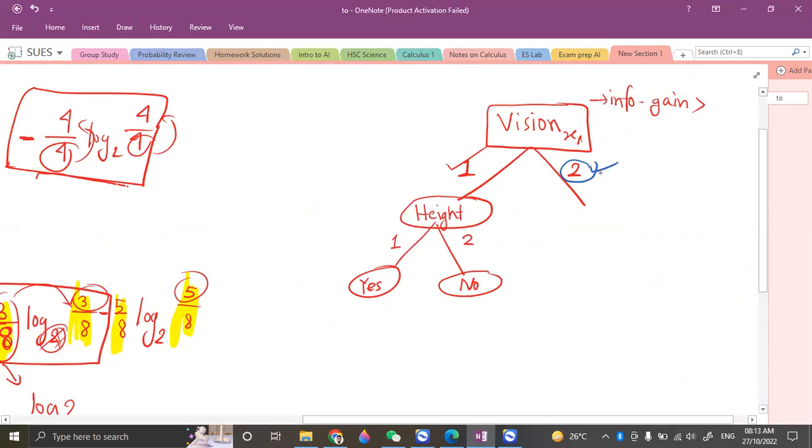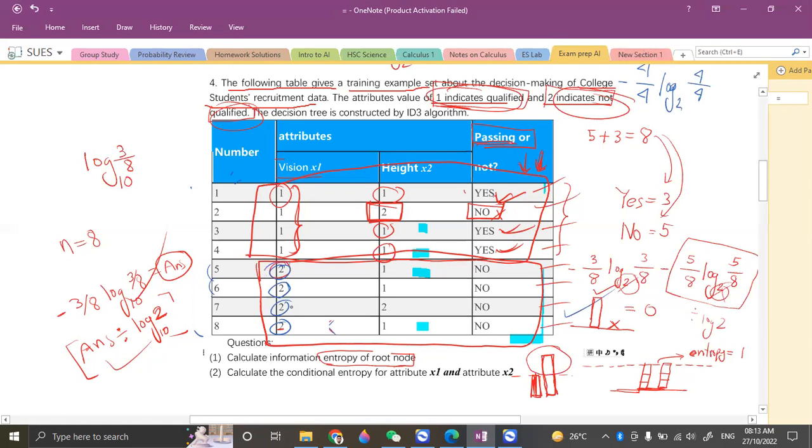The vision is not qualified, so we again try to think of another attribute, if we have some division in the height, right? So you see, for vision not qualified, in the height section, all of the results are not selected, right? So we don't need to consider the height part. We can just write down they are not selected.